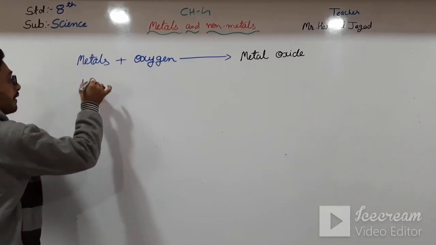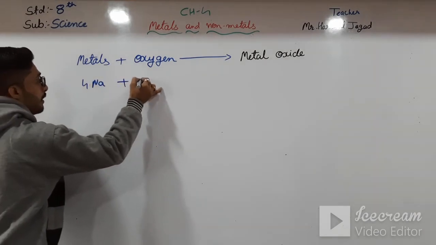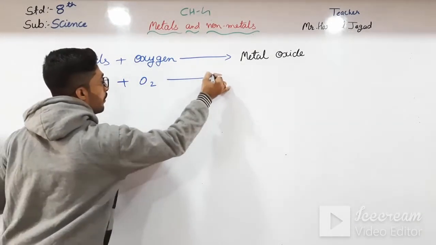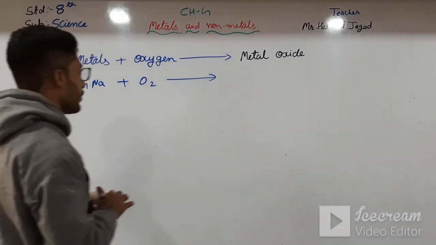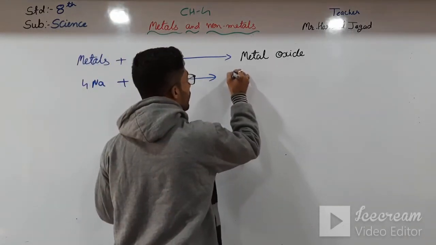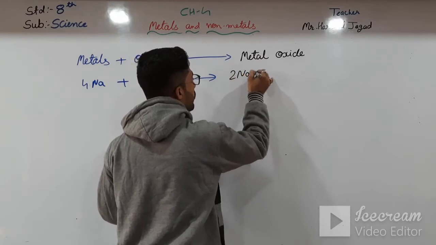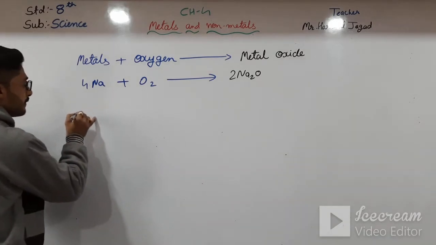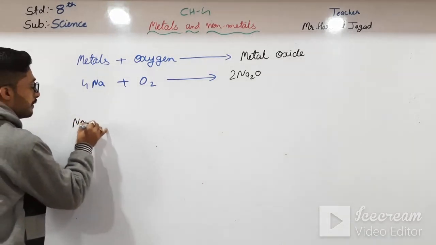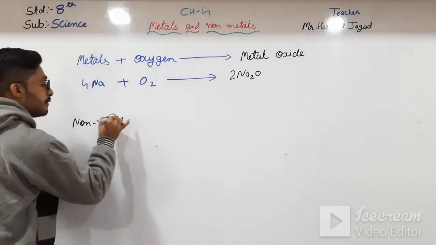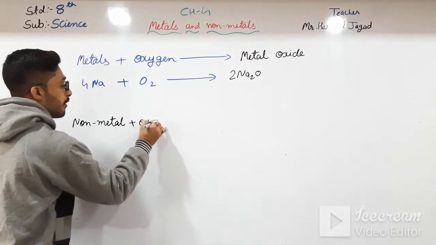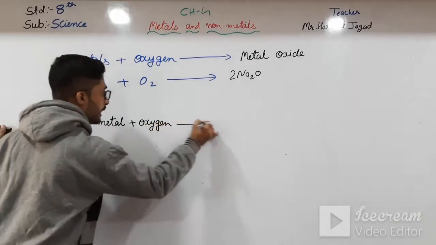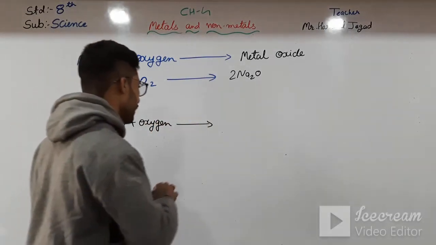4Na plus O2. When reacted, we get 2Na2O, that is sodium oxide. Okay, we get sodium oxide. And in non-metals, when non-metal reacts with oxygen, then we get non-metal oxide.